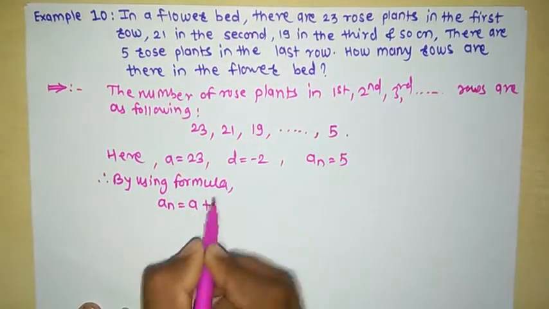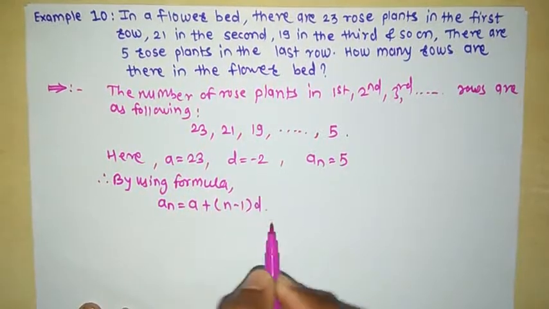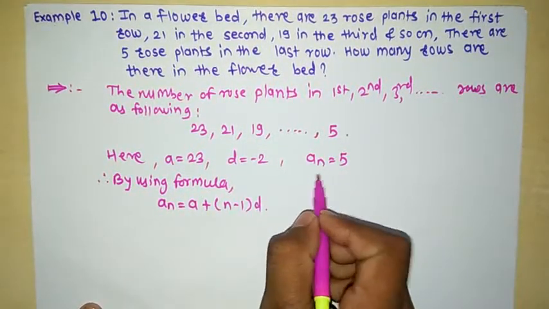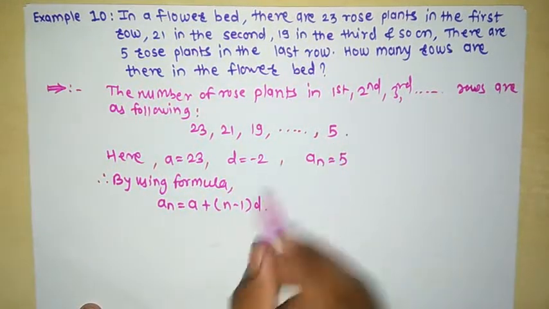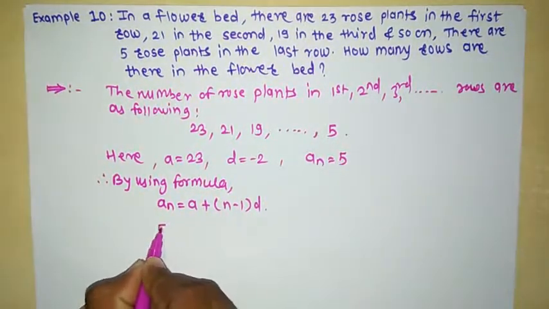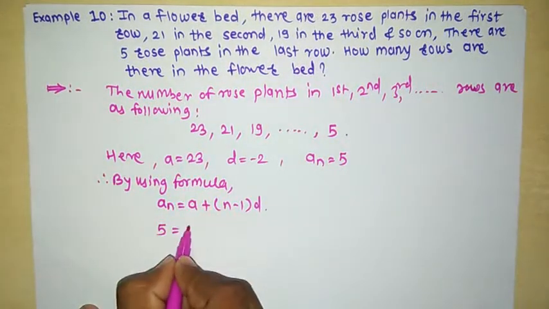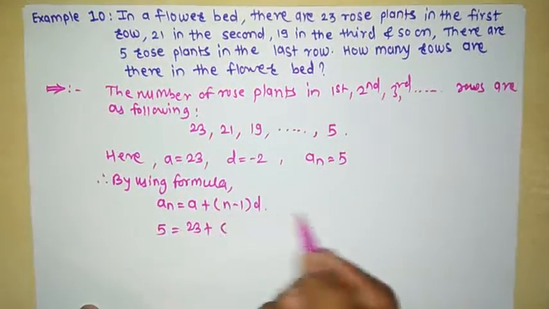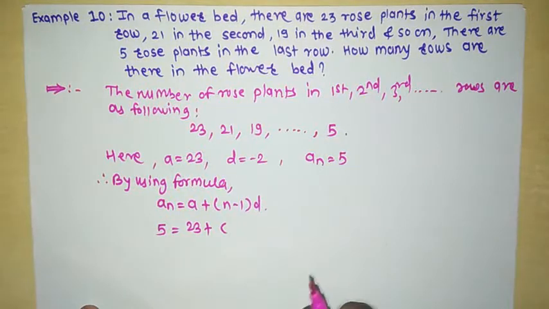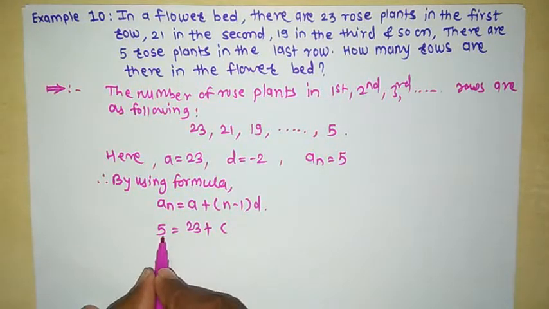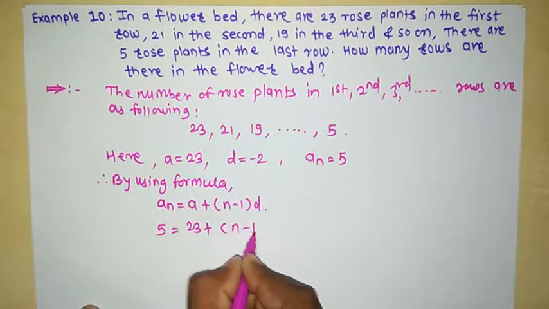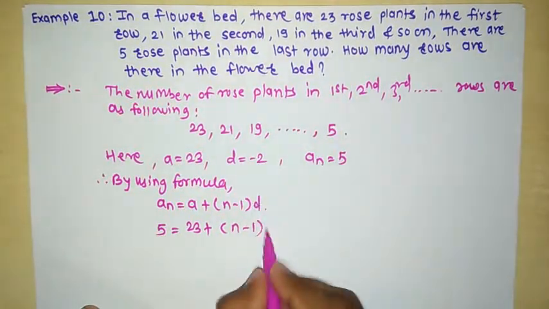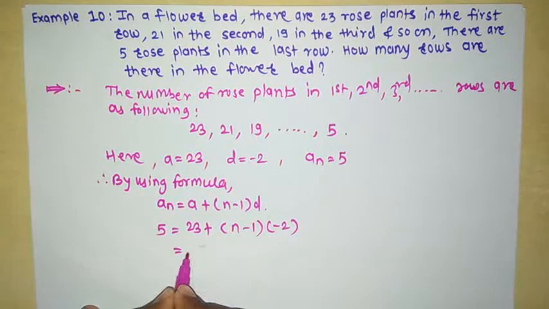An is equal to a plus n minus 1 into d. In place of an, we write 5 because it is the last term. Put in the values: the first term is 23, plus n, which is what we have to find, the number of rows, into n minus 1 times d, the common difference, minus 2.